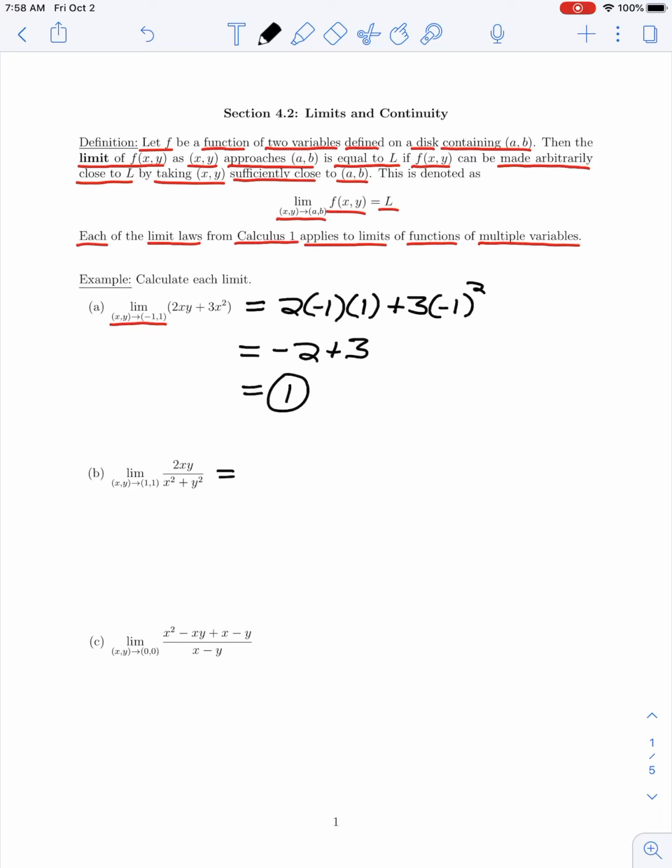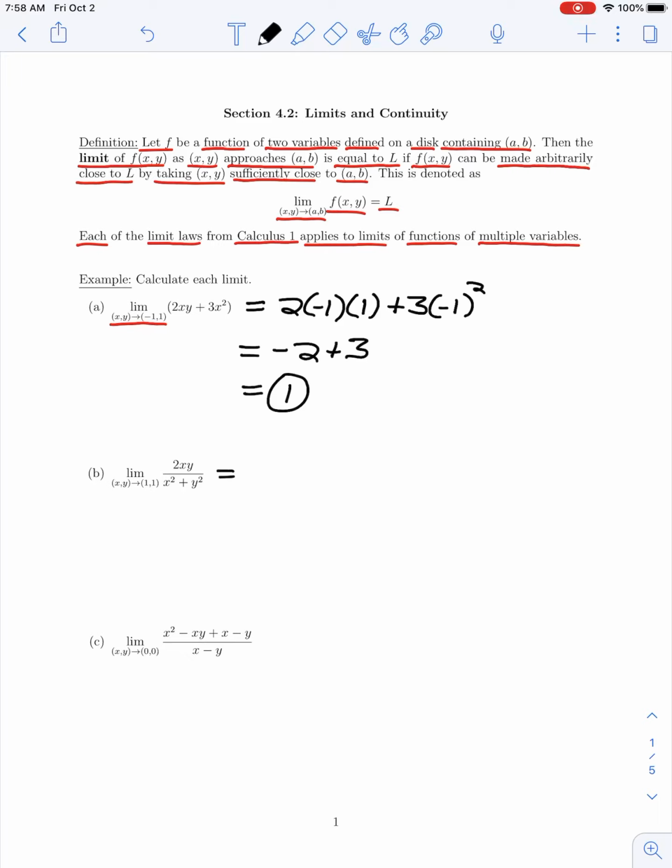So I could take the point I'm approaching, (1, 1), and substitute it in for x and y in both the numerator and denominator. And as long as we have a non-zero limiting value for the denominator, then this limit can be evaluated in that way.